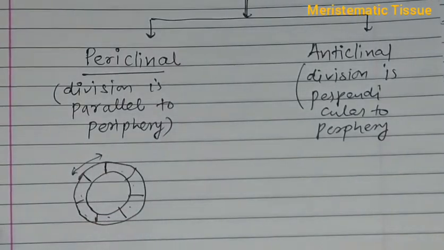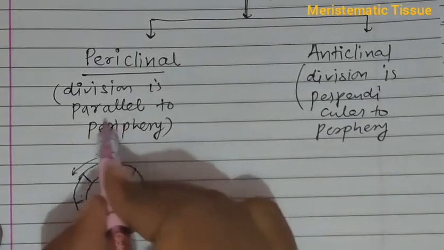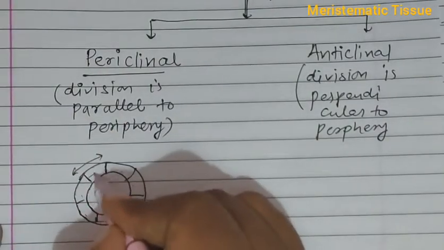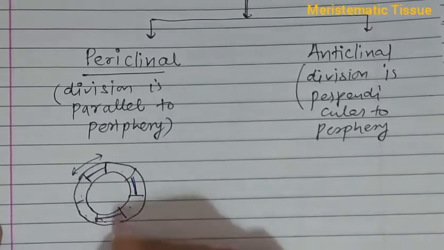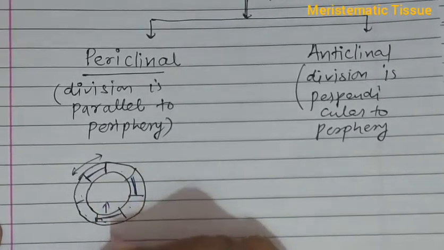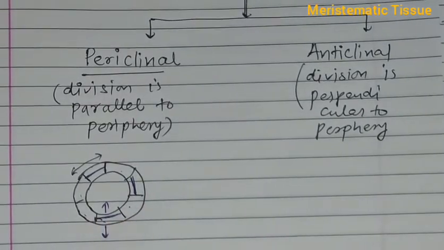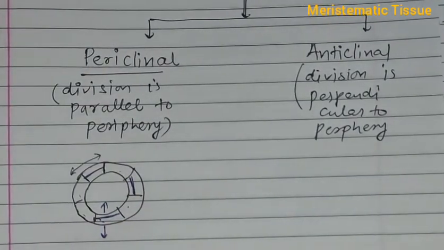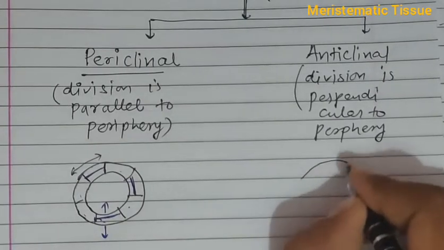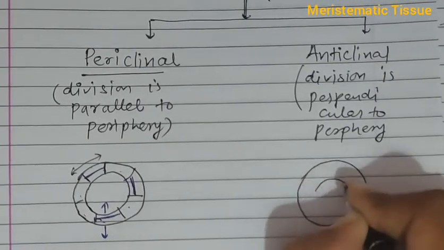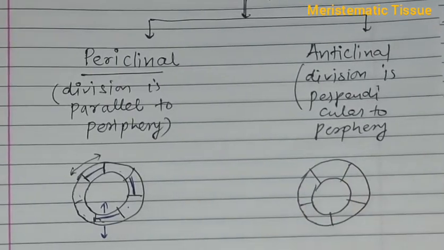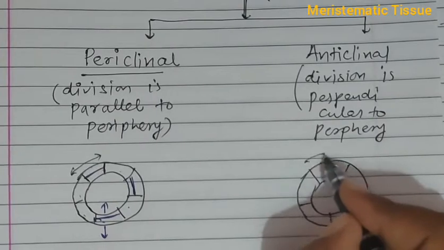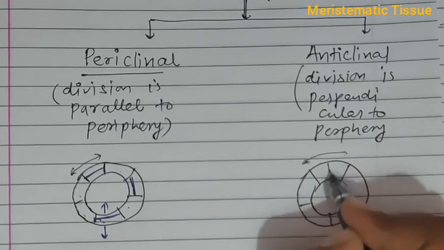Okay, so if a division occurs parallel to the periphery, like this, if cells are dividing like this, what will happen? Cells will be added to the inner side as well as the outer side. But when we talk about anticlinal division, suppose these are the cells, and this is the periphery, perpendicular to the periphery means this way.